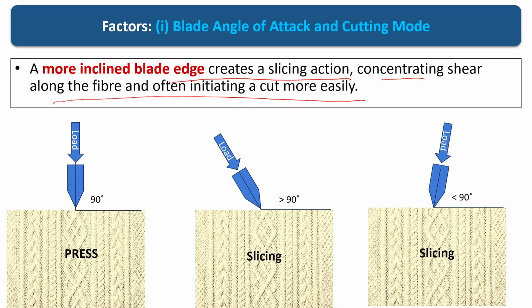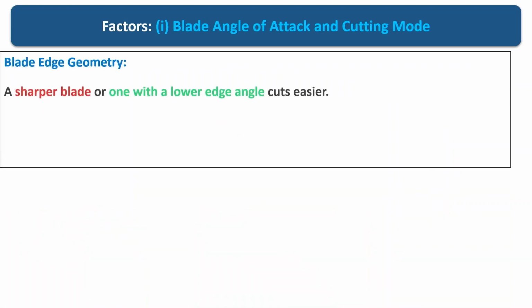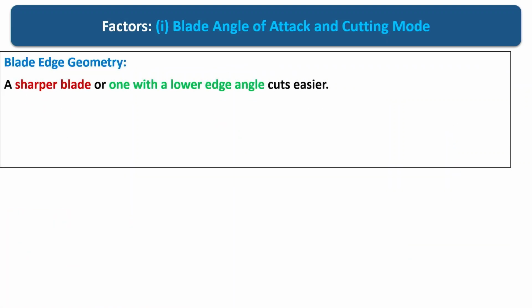So, if you have a more inclined angle, and if we have slicing action, then the material will cut more easily. Now, blade geometry.